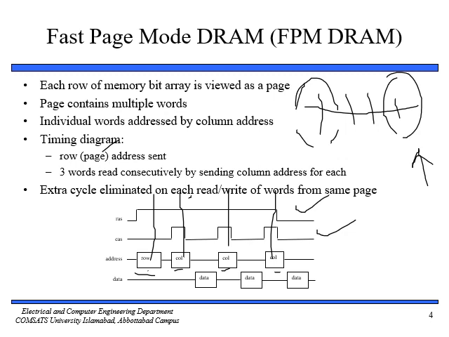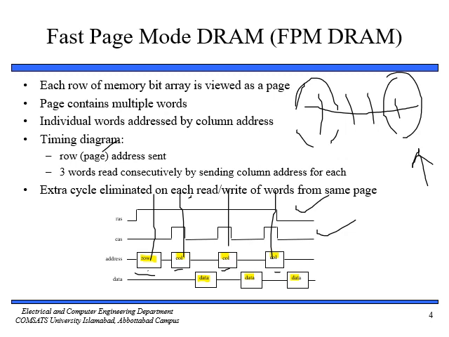Once we have the row and the column, we can pick up the data here. Again, this is the second word, row and column, and then we have another column, so we can pick up the third. So we have sped up the memory by saving the extra row addresses.